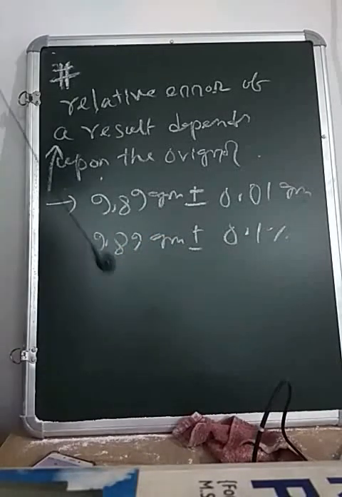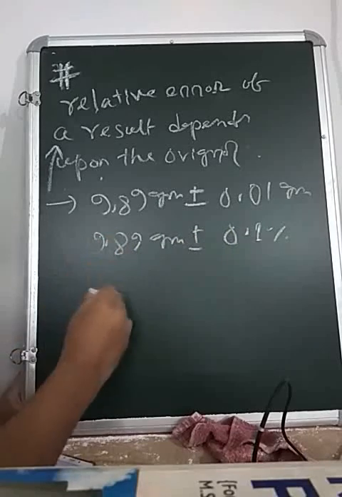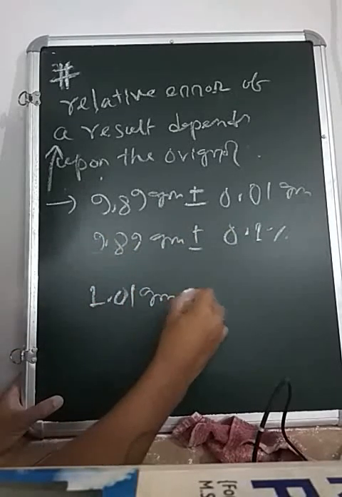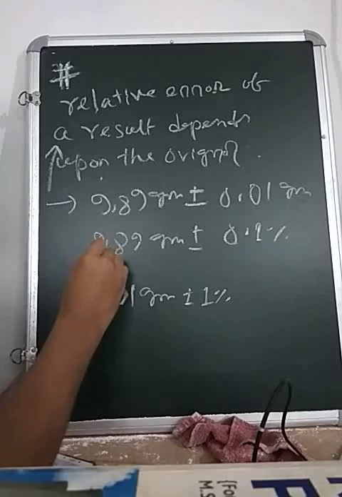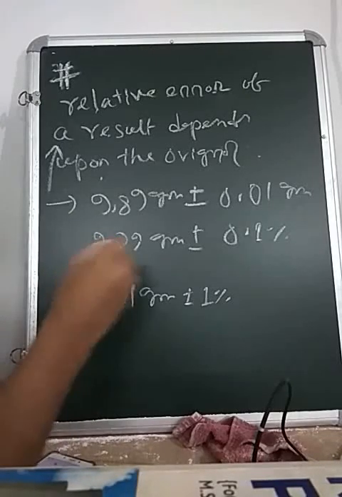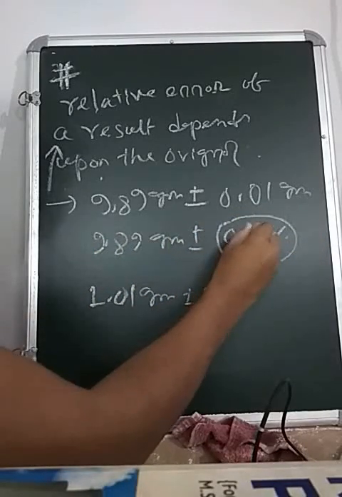So see, in the earlier case the original value was 1.01 gram and the percentage error was 1%. Now if the original number increases, the relative error or percentage error decreases.